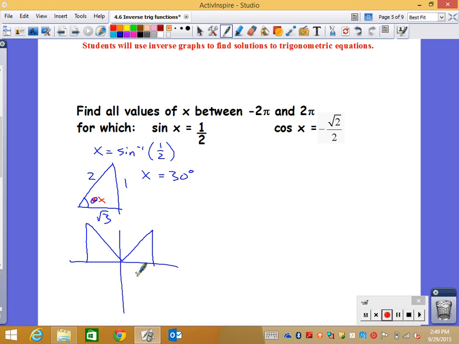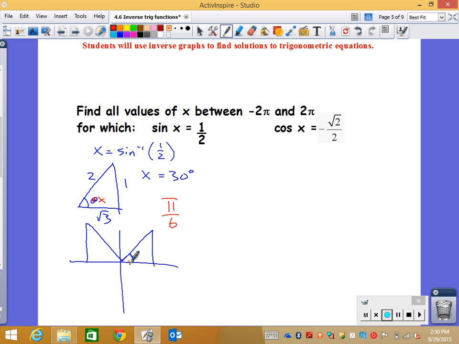So between 0 and 2 pi, I'm going to have 2 angles. The first one is in the first quadrant. The second one is in the second quadrant. So let's deal with the first one first. Hopefully that's pretty straightforward. That's a reference angle of 30, so my first answer would be 30 degrees. But remember, my bounds are in radians, negative 2 pi to 2 pi, so my first answer in radians is going to be pi over 6.